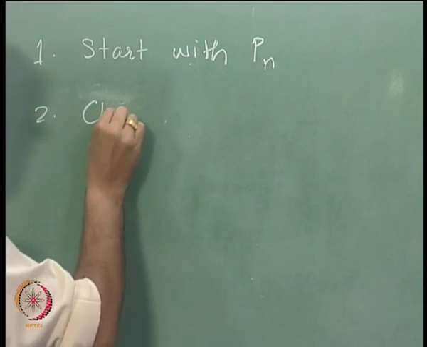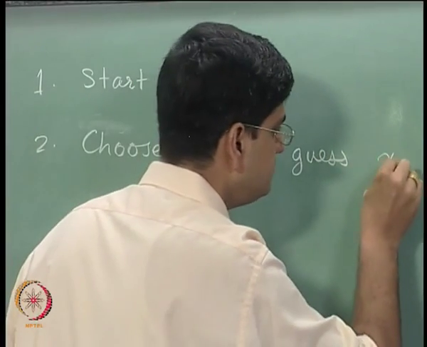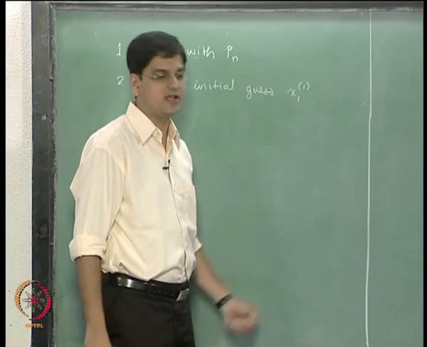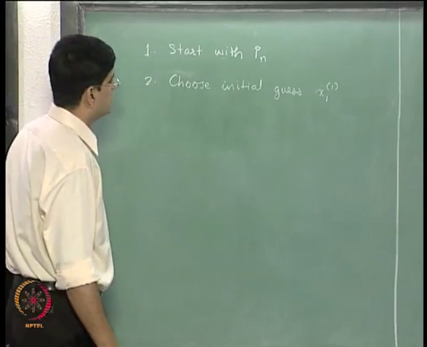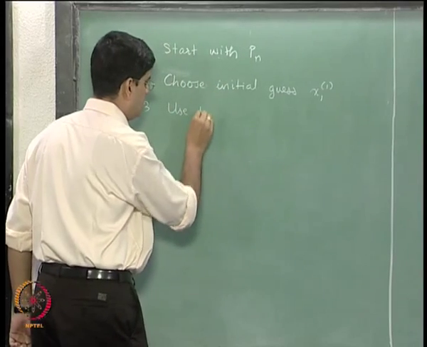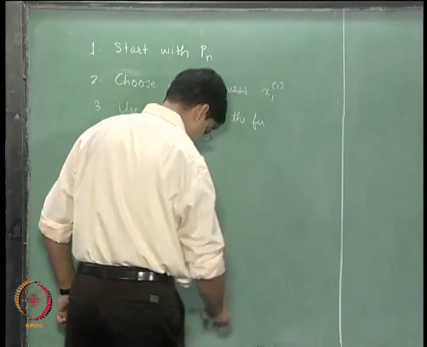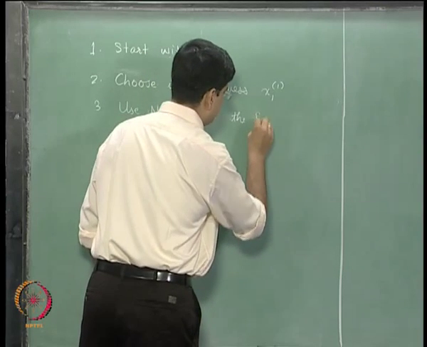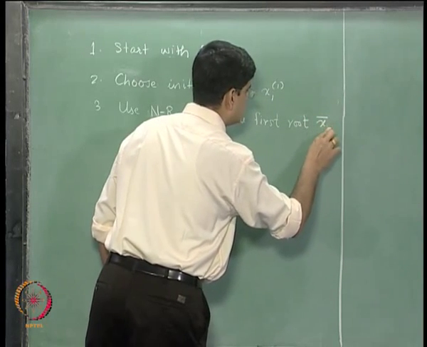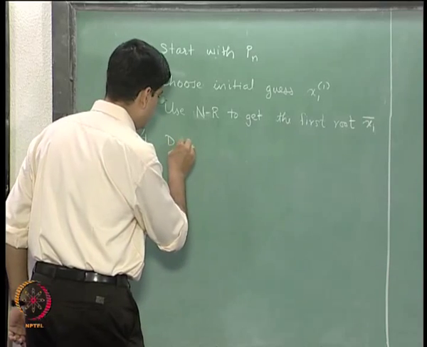The second step is to choose an initial guess x1, with subscript 1 to represent that we are trying to find the first root of that polynomial. Then use Newton-Raphson's to get the first root, x1 bar.